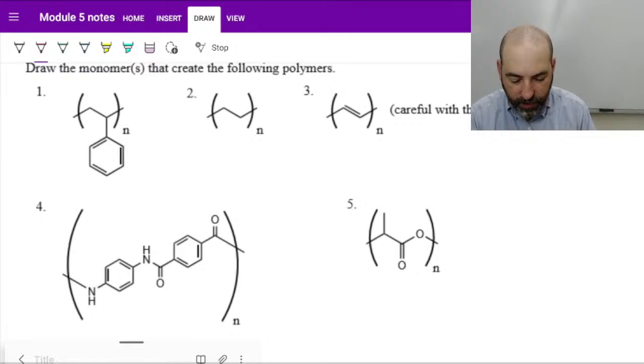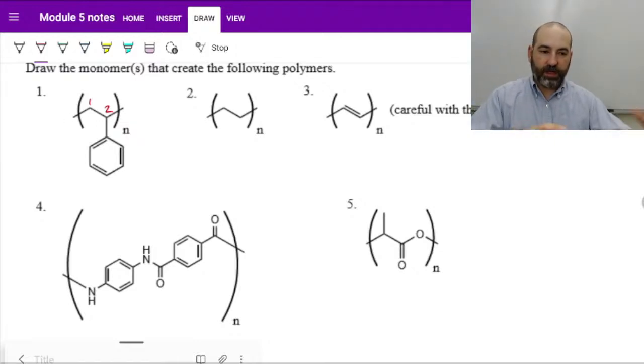Okay, the first one here, I think this was an example from the last video. You want to just do the reverse process of what we did before. Here we've got our 2 carbons, 1 and 2, and the lines coming off of them show them linking to themselves over and over again, with the double bond or with the ring coming off.